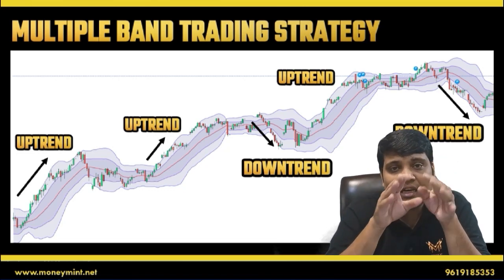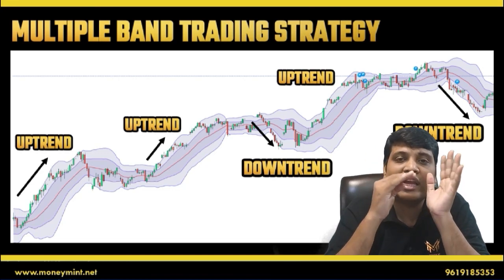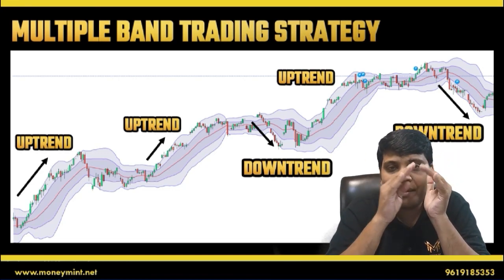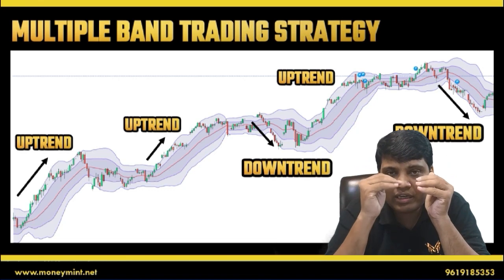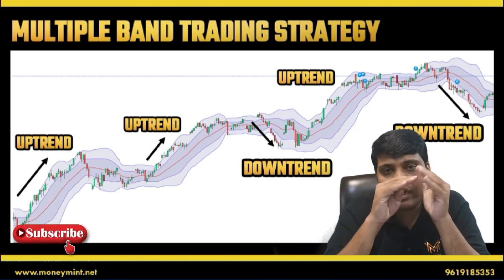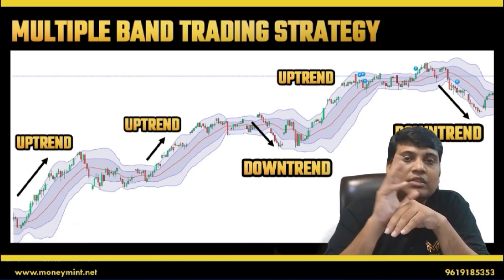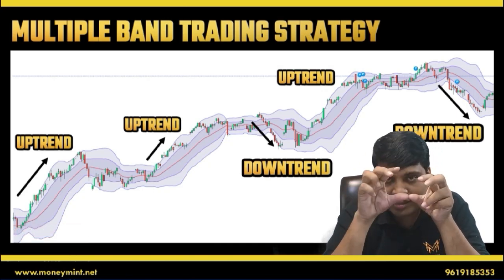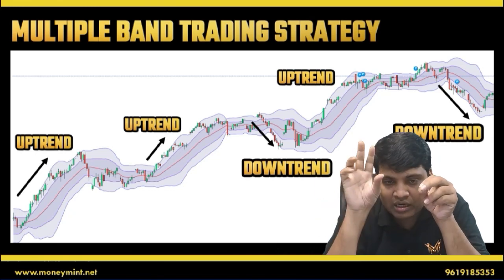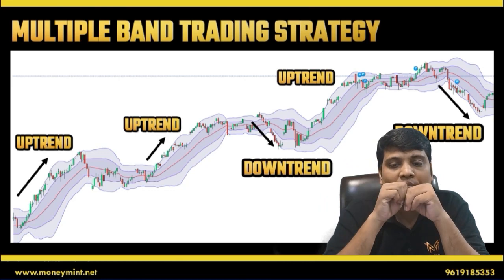So if the market is moving in the upper band, we say the market is trending and moving upward. Till the time the market doesn't fall into the middle band, the trend continues upward. The moment it falls in the middle band, the trending market has weakened its position. Similarly, when the market is moving only in the lower band, it shows the market is in a downward movement.